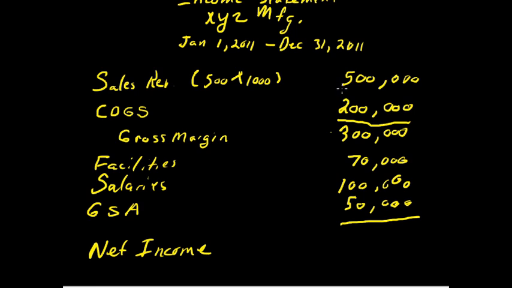We have our sales revenue minus our cost of goods sold. That gave us a difference of $300,000, but then we had the overhead expenses of $70,000, $100,000, and $50,000. When we do the math, that brings us a net income figure of $80,000. So that is, again, the income statement shows you how profitable or unprofitable your business is over a given period of time.